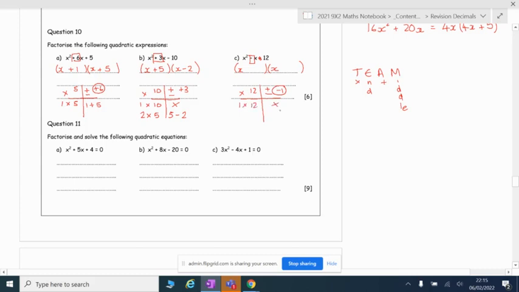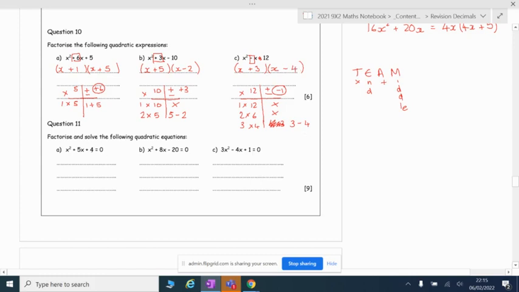Can't add or take away a 1 and a 12 to make minus 1. 2 times 6, same again, can't do it. 3 times 4, yes. 4 take away 3, hang on, 4 take away 3 is plus 1. That's not what I want. So it must be 3 take away 4, which gives me the minus 1. So it's plus 3 and take away 4.